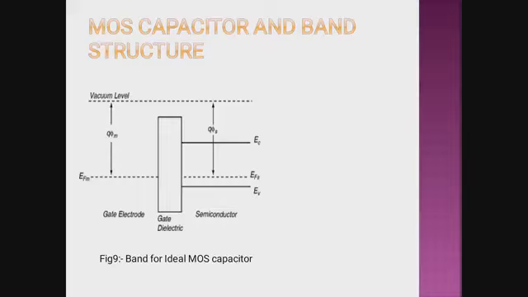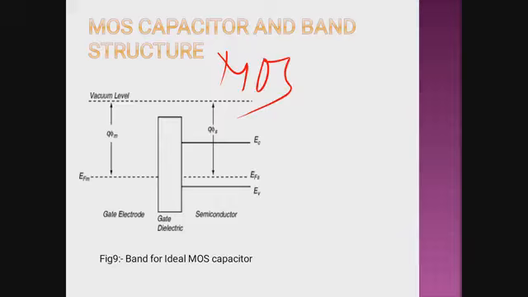EFS is the Fermi level of the semiconductor, and EFM is the Fermi level of the metal. So this is the metal portion, this is the oxide portion, and this is the semiconductor region. This is the connection between metal, oxide and semiconductor. That is why it is called MOS, metal oxide semiconductor.